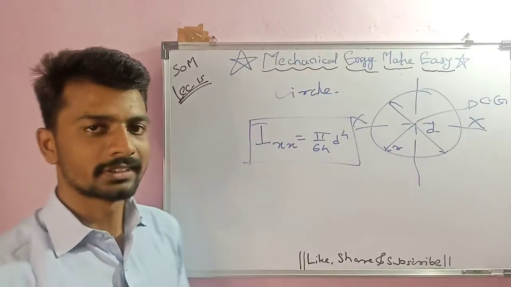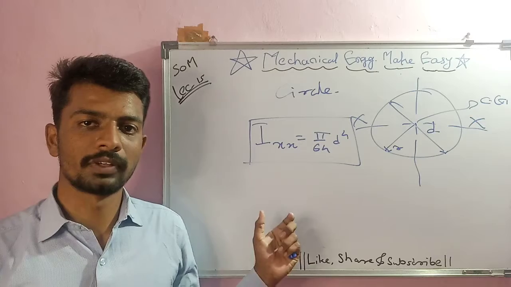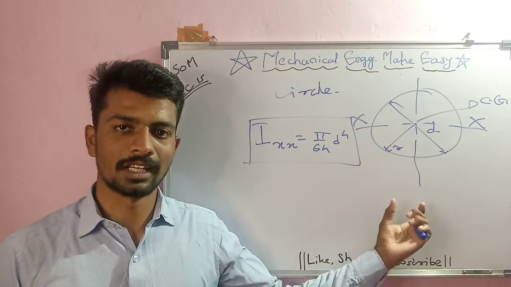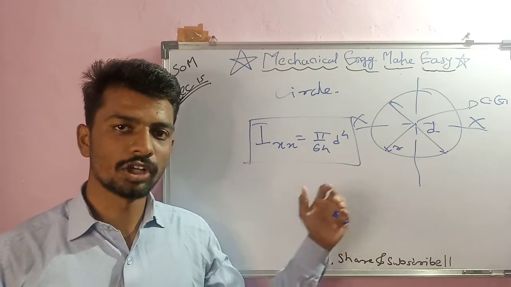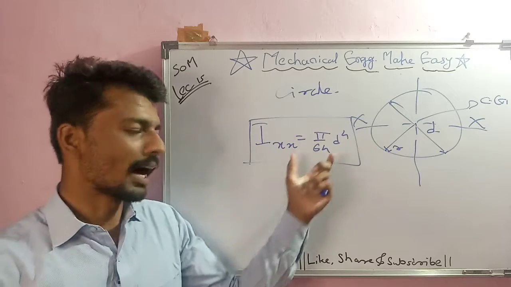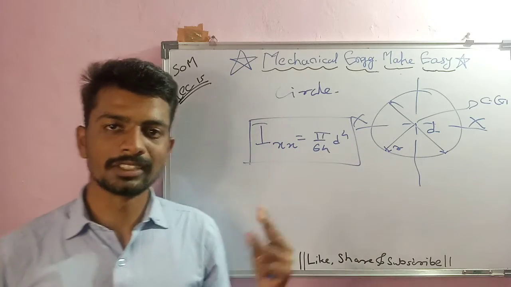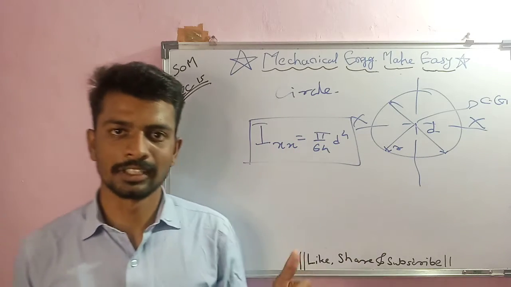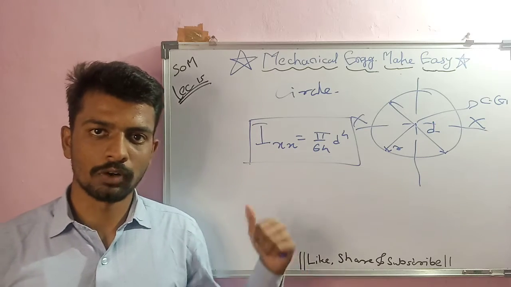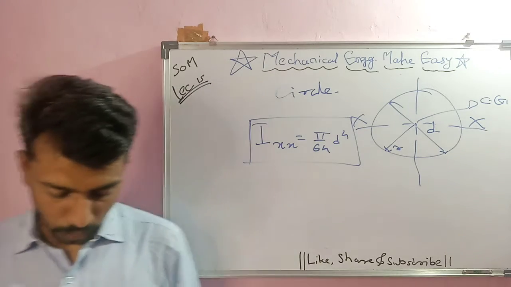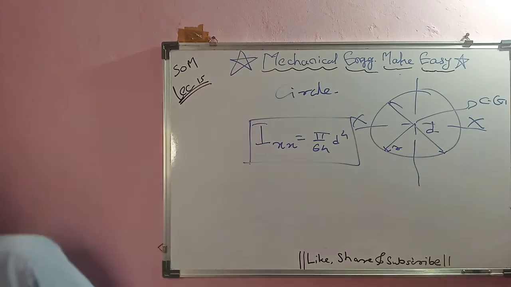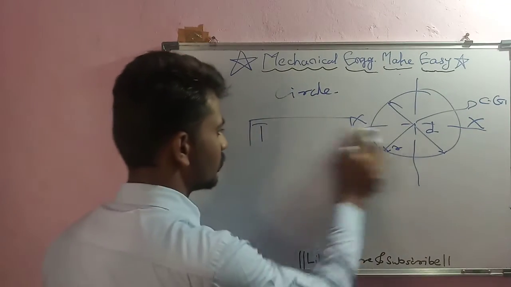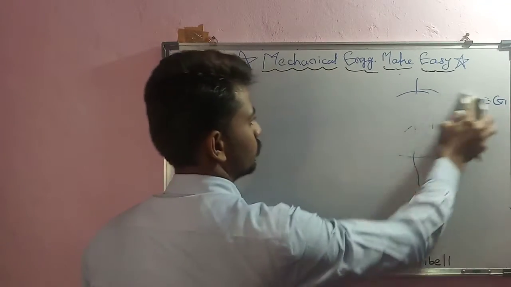This is the standard formula to calculate the moment of inertia about the plane xx that lies at the CG of that circle. These three conditions I have discussed are too much basic but too much important for our numerical solving. So note down these three formulas, and now we will move towards the next topic, that is radius of gyration.